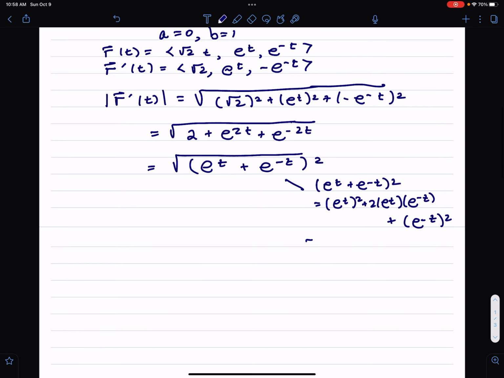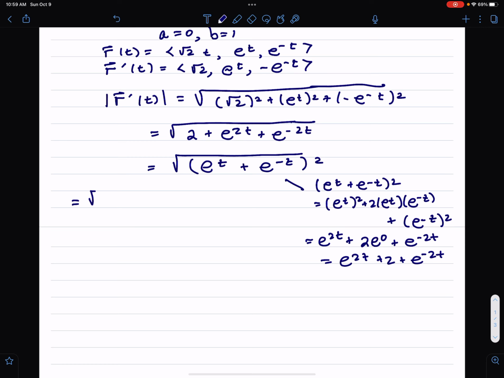And the cool thing here is that e to the t times e to the negative t makes 1, because you add the exponents, t plus negative t, so that makes e to the 0. So that makes e to the 2t plus 2 plus e to the negative 2t. So that's something right there.